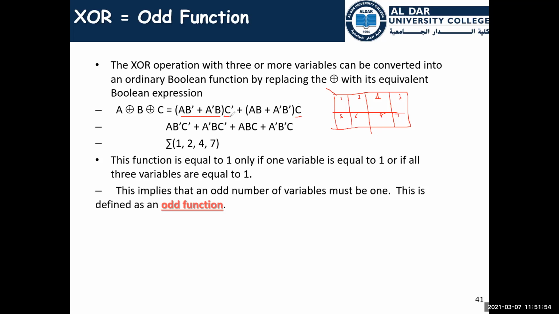We get ABC and A'B'C, and so on. If we look at these in the Karnaugh map, they are located at 1, 2, 4, 7.